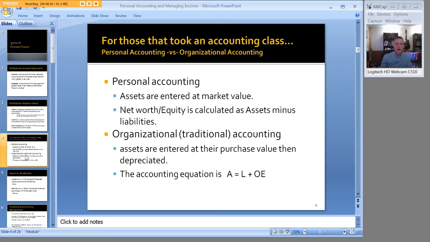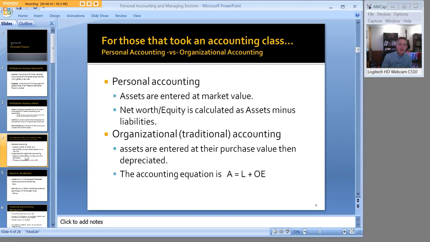That's the market value. In generally accepted accounting principles, at a business, you'd enter assets at a purchase value, whatever you bought them for. Then you would depreciate those over however many years. Again, in personal accounting, we're just trying to make life simple, so you enter those assets at market value.